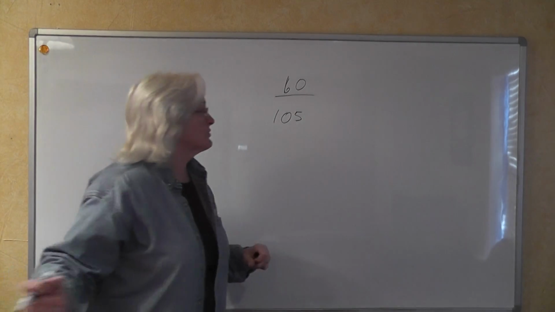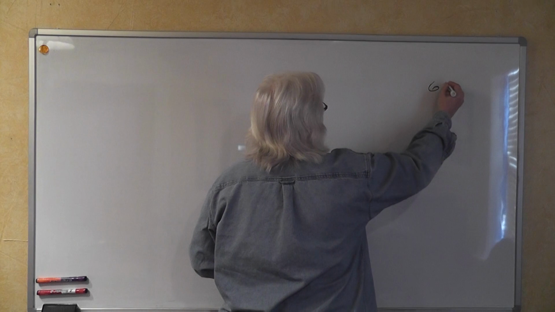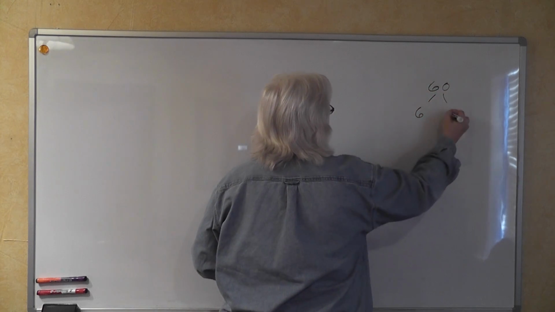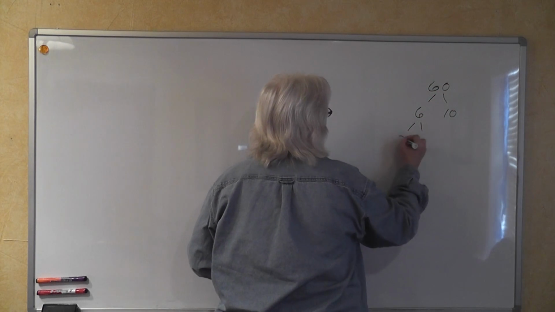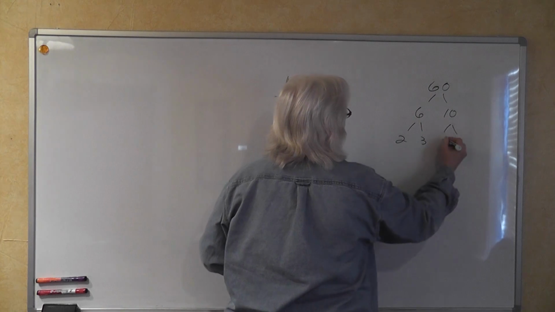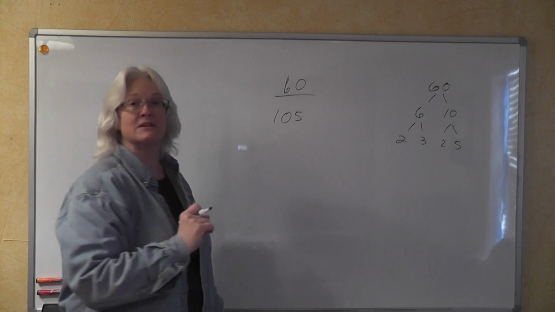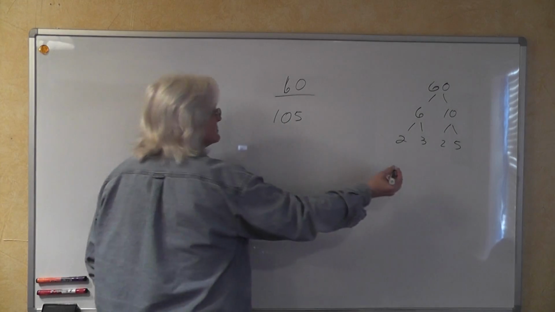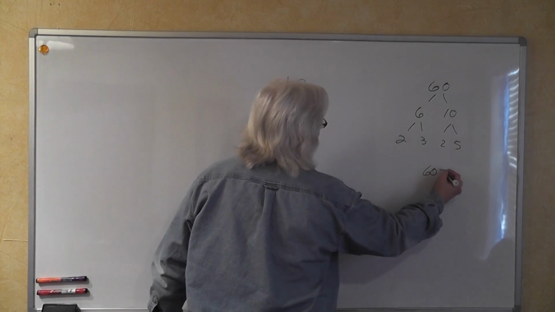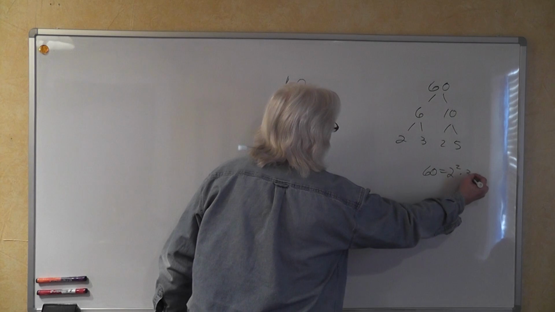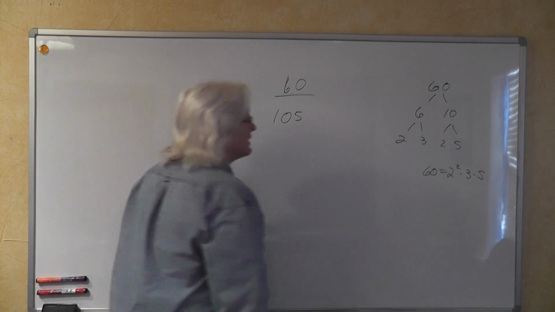We would prime factor 60, and we would have that 60 can be written as a product of prime factors: 2 squared times 3 times 5.